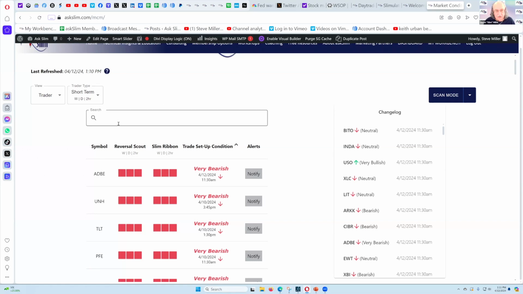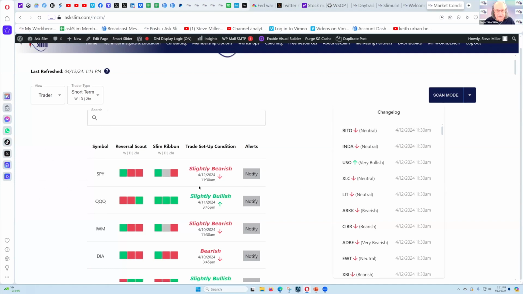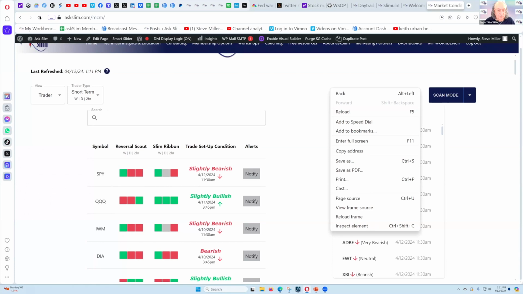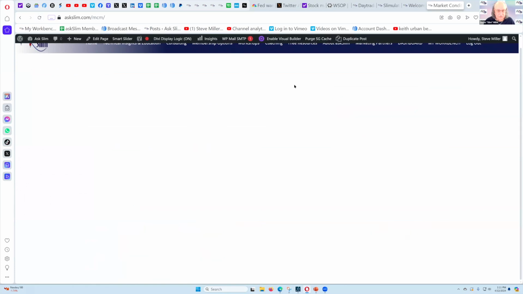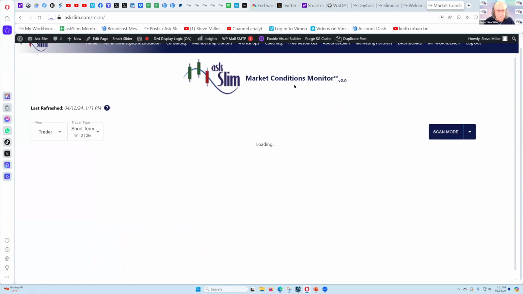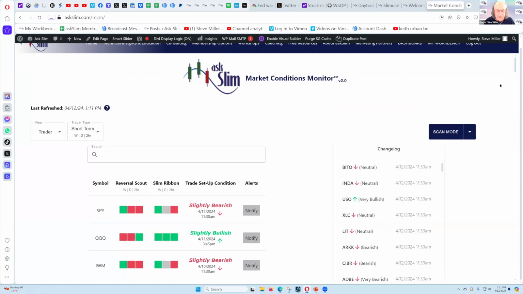This shows you, I want to go back to the indexes in here. And here's the indexes, and you can see in here that what we have is the QQQ. Let me just refresh this, make sure that I have the most current data. And there we go.